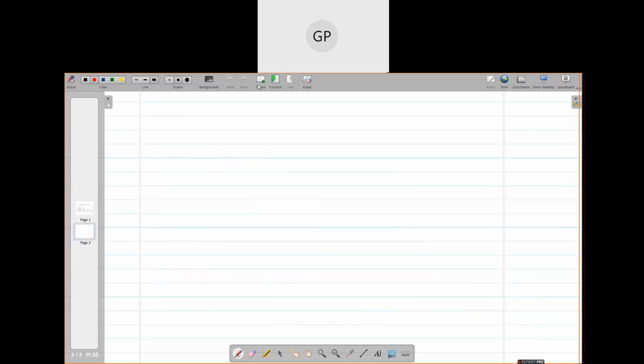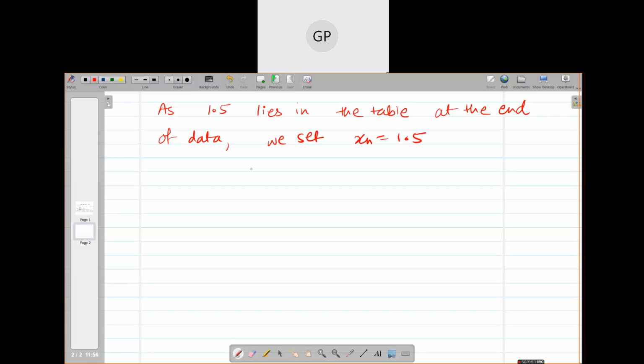Yes, ma'am. Okay. So now I will write that as 1.5 lies in the table at the end of the data, we set xn equal to 1.5. And therefore, what will happen to your u? What is the formula for u? It is x minus xn upon h.